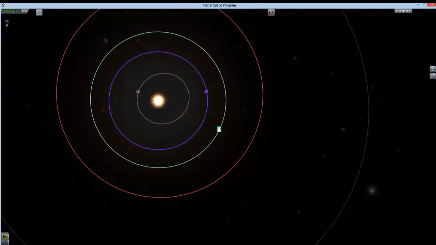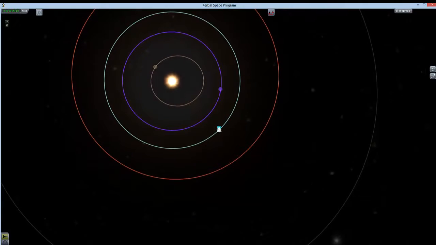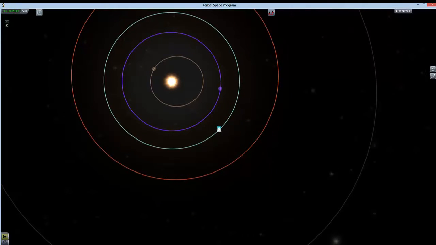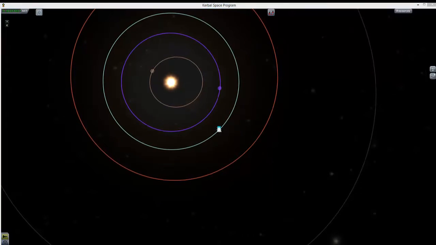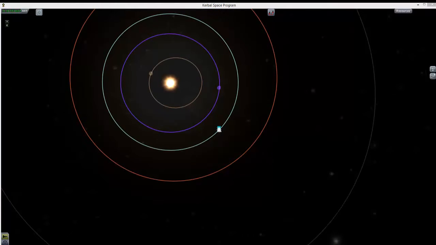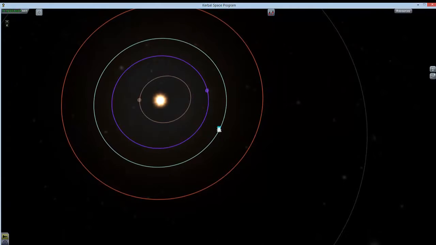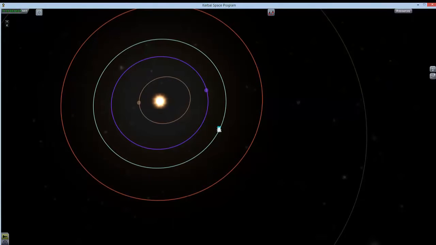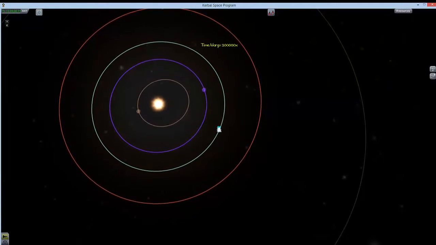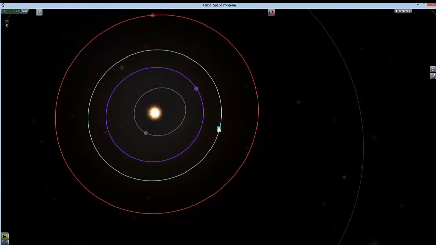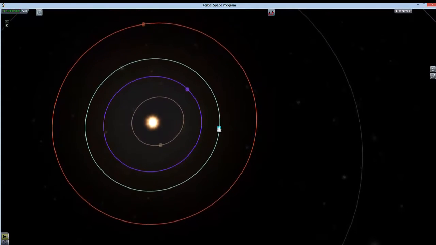Also, before we move on, one thing I want to mention is that you can deal with the second law in Lagrange points, and it might be a while before I get into Lagrange points, because KSP is not really good to show that with, and I'm trying to find a good software to really show you that.